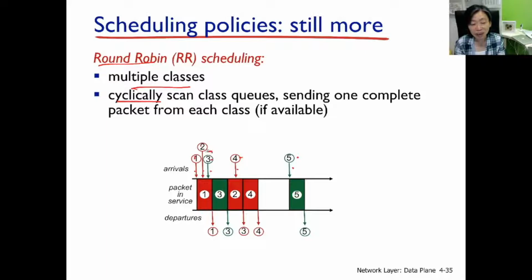We actually send packet 3 because it belongs to the other class, not necessarily a lower class, but the other class. We have to rotate. Therefore, after a red packet is served, we serve the green packet. Now, because the next rotation is a red packet again, we take packet 2. The next one should be green again, but because there's no green packet at all, we serve packet 4, and so on and so forth.